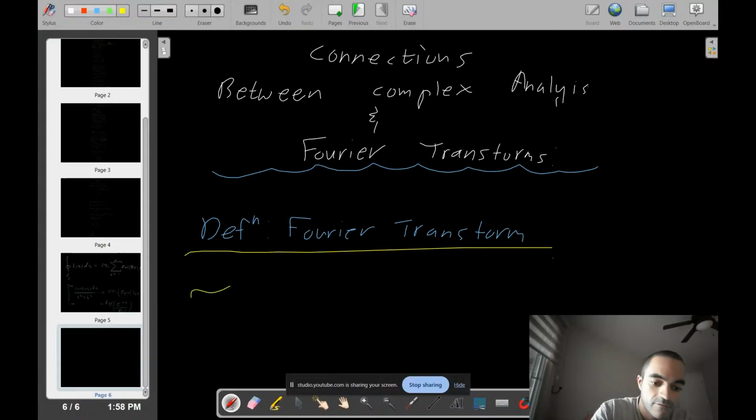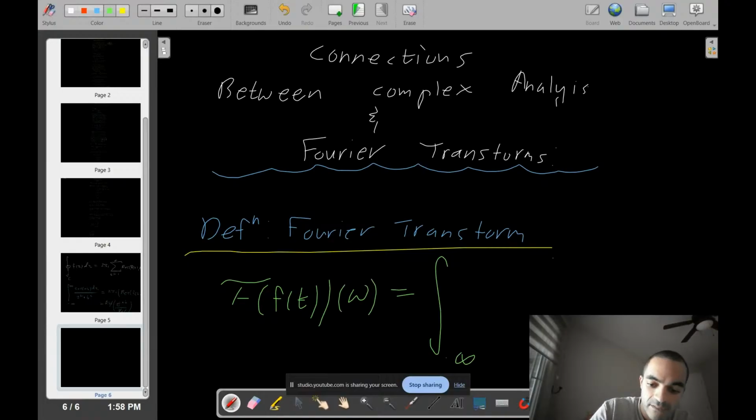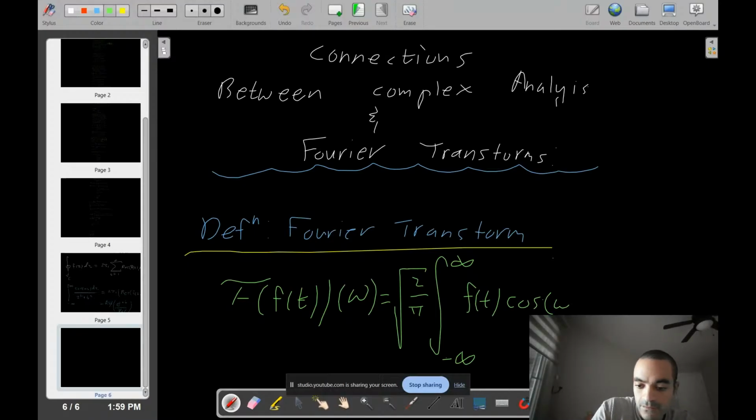So your Fourier transform, F as a function of t to omega, from t space to omega space, is equal to the square root of 2 over pi times the improper integral from minus infinity to infinity of f of t times cosine of omega t dt.